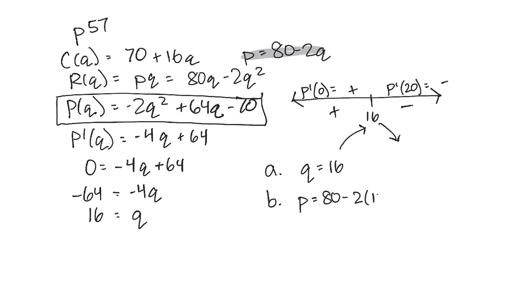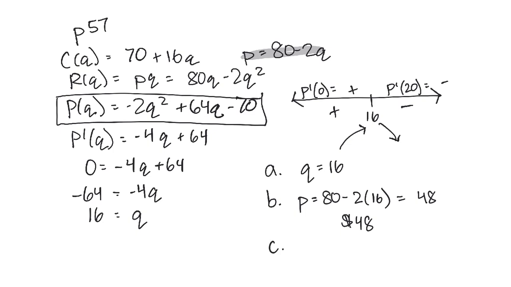We found Q was 16. So P that maximizes profit, what is this value? 80 minus 32, we would have 48. So that's dollars. So $48 maximizes the most profit.